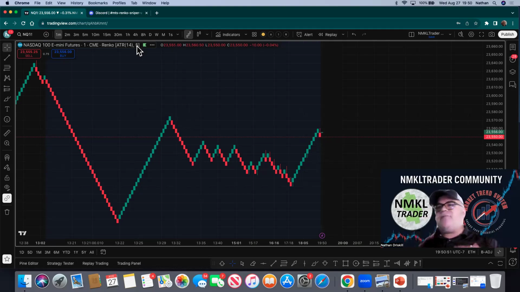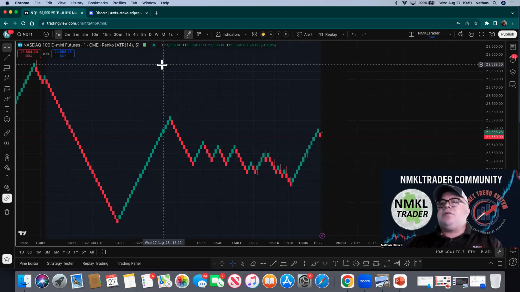Well, I don't like for this to change my brick size. I don't like it to determine that for me. I like to know what I want to set it to before I even get into the market. Because I know what time of day it is, I'm going to select 2. During the morning session, 4, 6, or 8 will be a better fit. 2 is real quick scalping in those markets, and it might confuse the heck out of you.